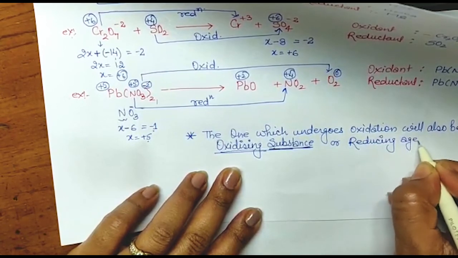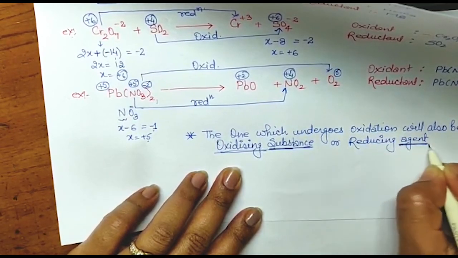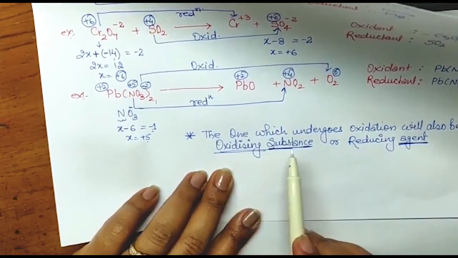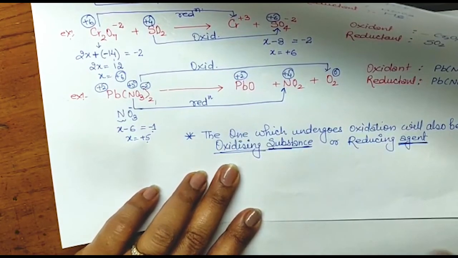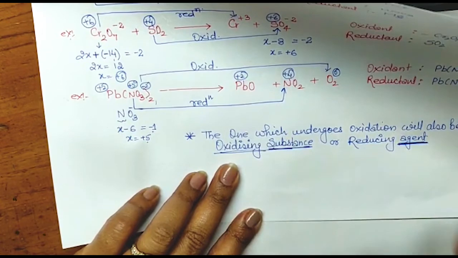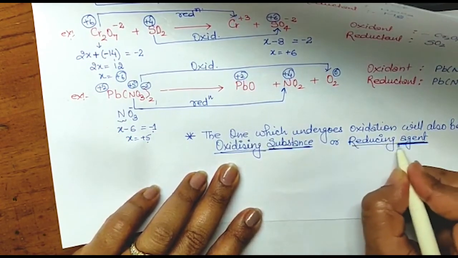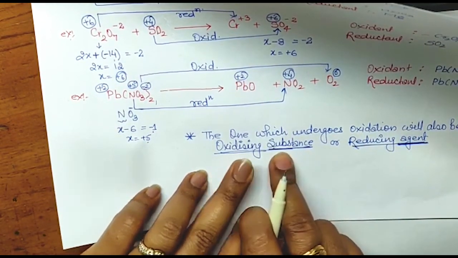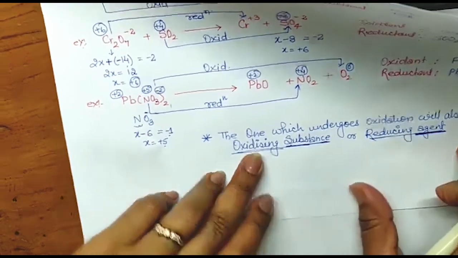Be very careful in these 2 points. This is the oxidizing substance, the one which is undergoing oxidation, and agent is just the opposite. So the one which is the oxidizing substance will be considered as the reducing agent.